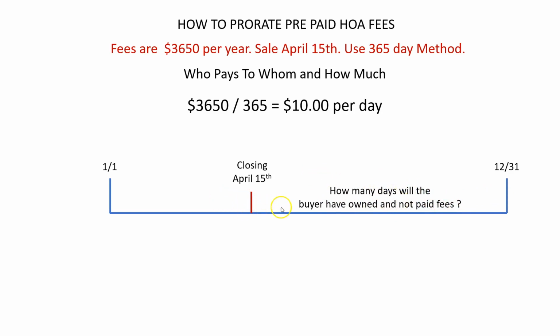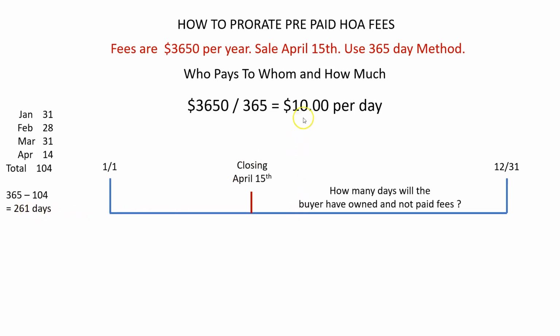We still have to work out how many days the buyer has lived in the property, but then he has to fork over to the seller that amount of $10 per day. So in this particular case, we work out that the seller lived in the property 104 days. So that means the buyer is going to live in the property 261 days.